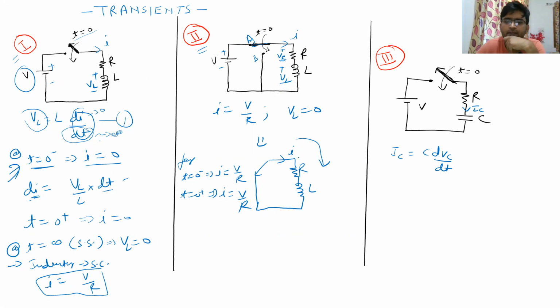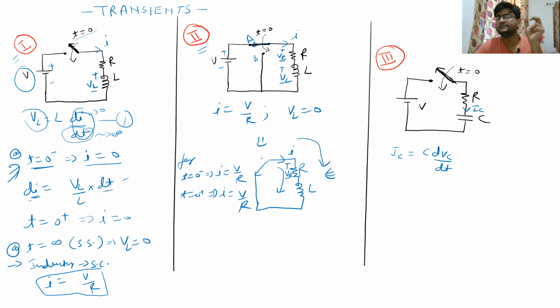In this particular circuit, since an inductor does not allow sudden change in current, after time t equal to 0 for some transient time period, the current I will continue to flow in this direction, which means the voltage drop across VR is going to be like this.